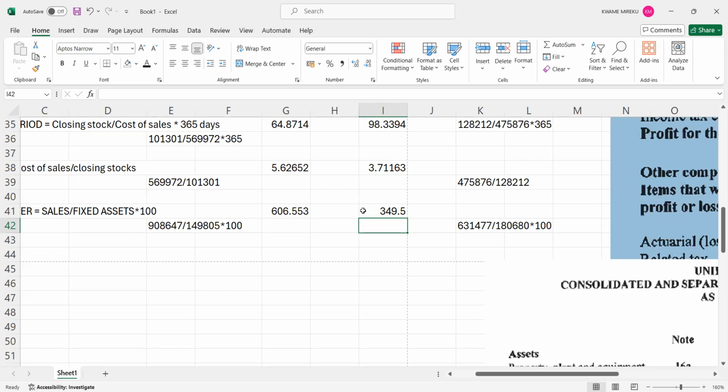Have we improved on our ability to generate sales from our fixed assets? Yes, we have. Why do you say so?